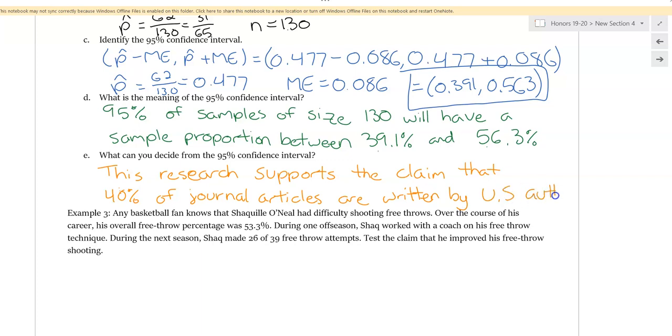All right, so most of these words I'm just copying down from the question, right? But it's the research either supports or doesn't support the claim and then whatever it's talking about.